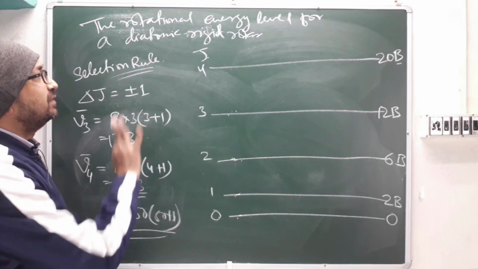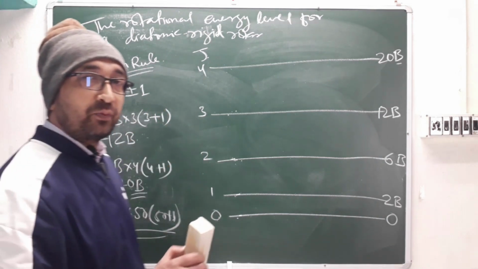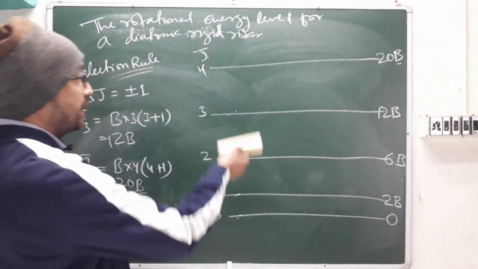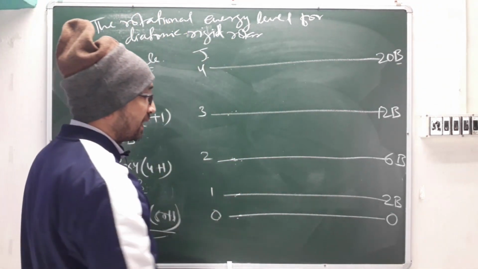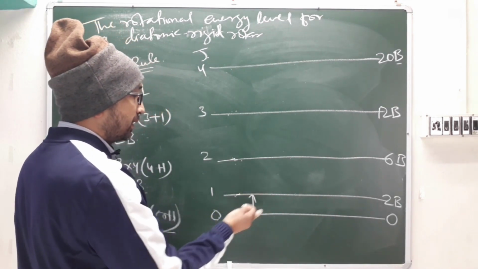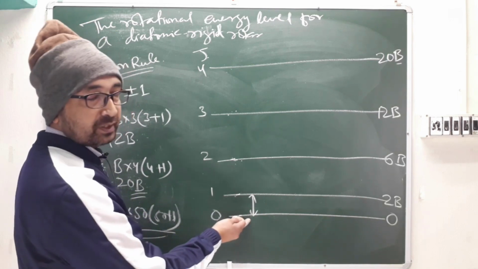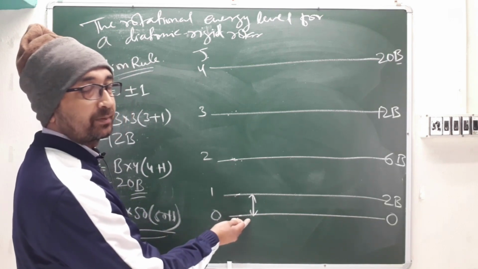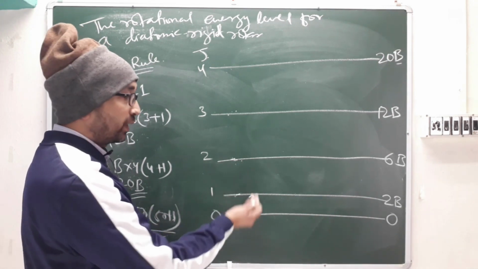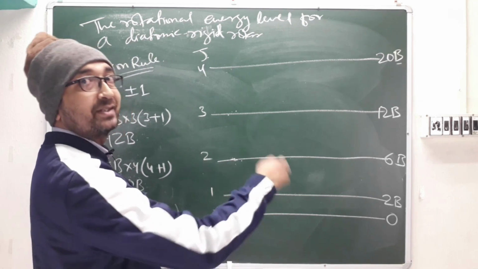So now this is the rotational energy level for a diatomic rigid rotor. Now we have to calculate the energy absorbed. Okay, these are the energy levels, but how much energy it has absorbed, that we have to see. If it is going from 0 to 1, how much energy it has absorbed, or 1 to 0 if it is coming down, how much energy it emits.